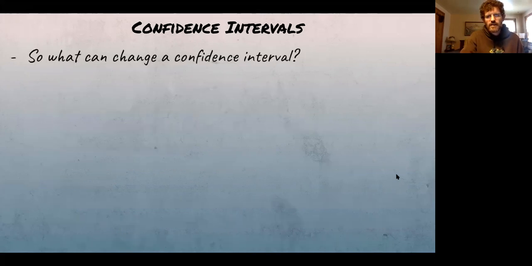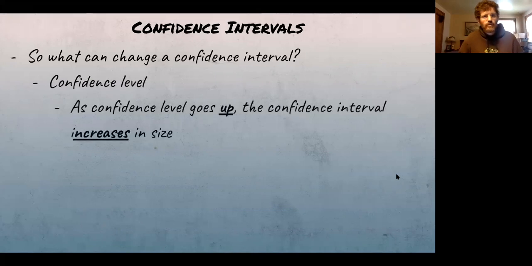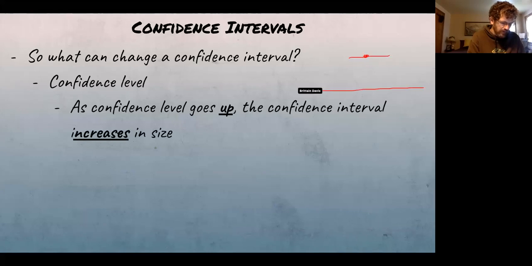Okay, so this is kind of the takeaway on changing our confidence intervals. We can change the confidence level. As the confidence level goes up, the confidence interval increases in size. All right, so just to drive that point home, unnecessarily perhaps, if this is my point, and this is a confidence interval, this might represent the 0.90 confidence level, and this might be the 0.99 confidence level.